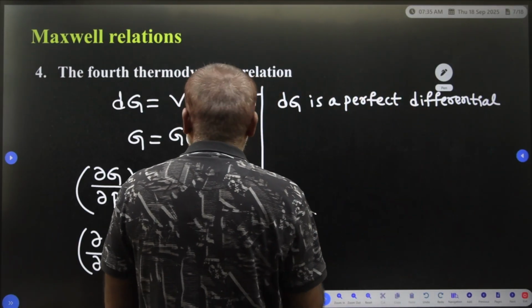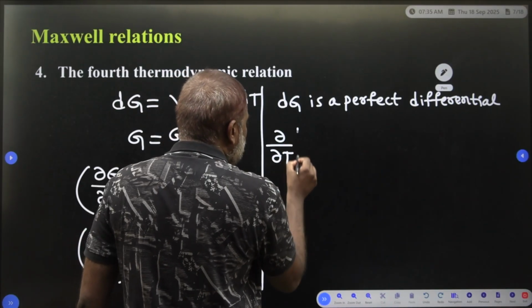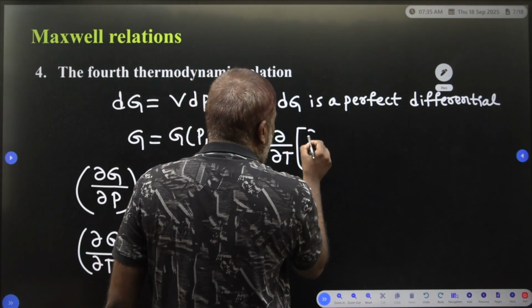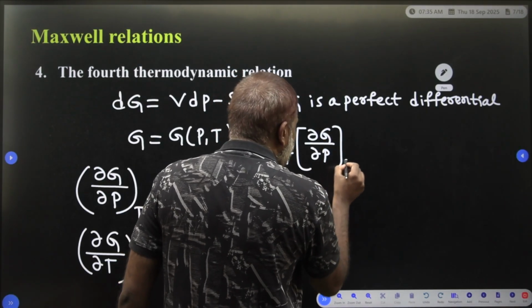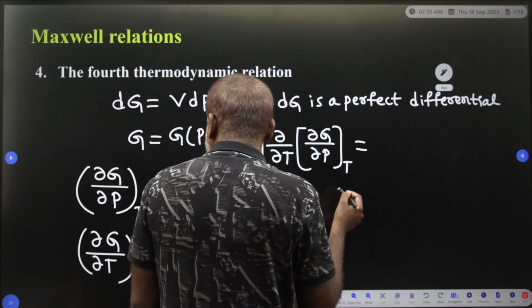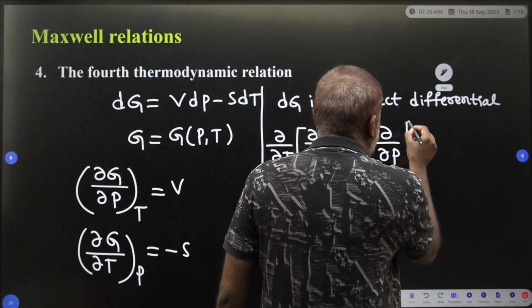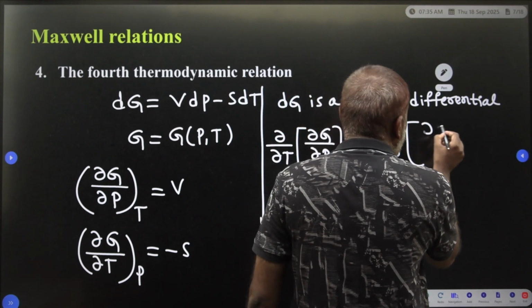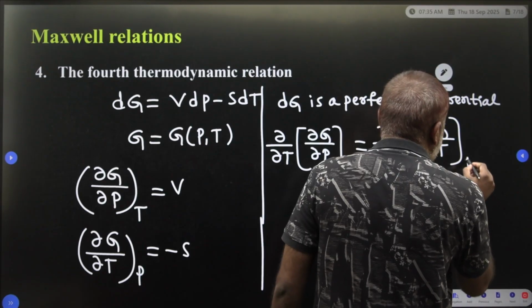Then we have to write ∂/∂T of (∂G/∂P) at constant temperature is equal to ∂/∂P of (∂G/∂T) at constant pressure.